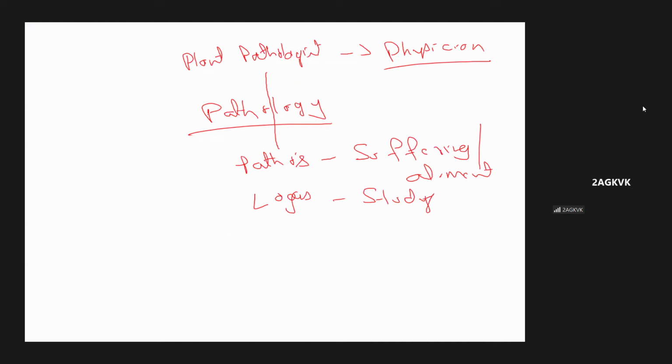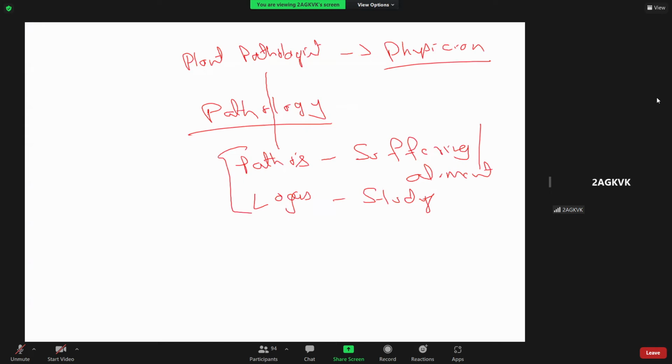You define pathology as the study of suffering or the study of ailment, or the knowledge of suffering. This is a very simple definition. Anyone can keep this in mind for a longer time. Pathology: patho is suffering and logy is a study or a knowledge.